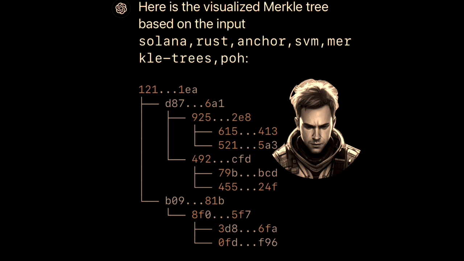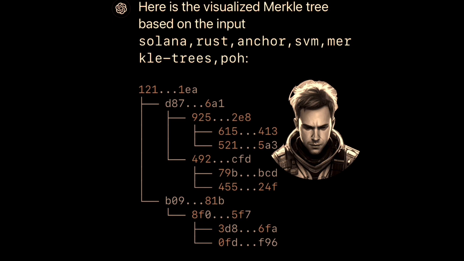And then those hashes merge into a parent hash, 925, 492, 8F0. Those are the parent hashes, and those parent hashes merge into grandparent hashes.